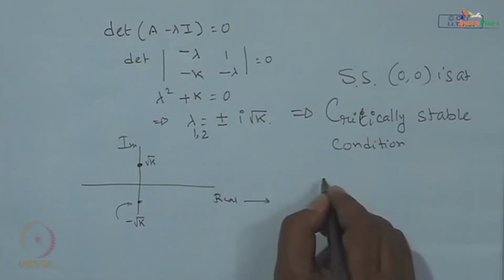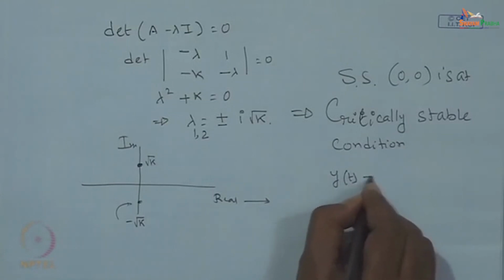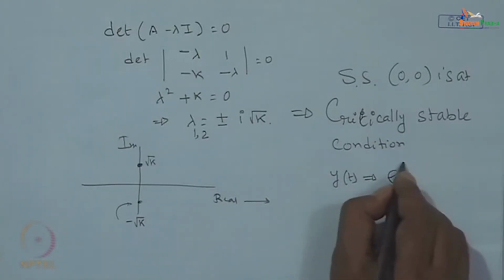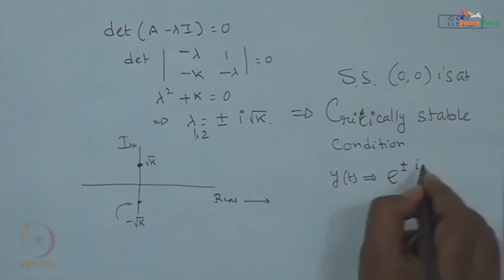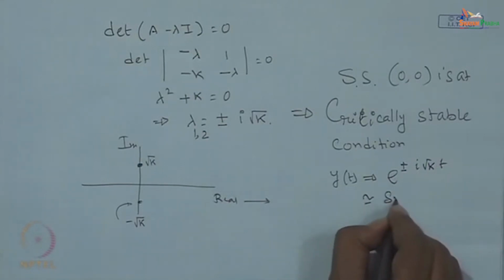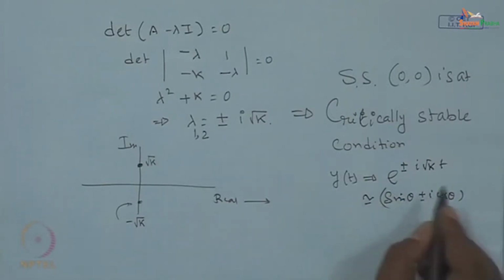If you look into the disturbance solution, it will be in the form of e to the power lambda t. So, it will be in the form of e to the power plus or minus i root over k times t. So, it will be composed of sine plus or minus cosine.